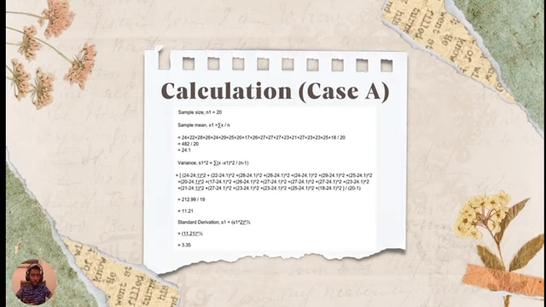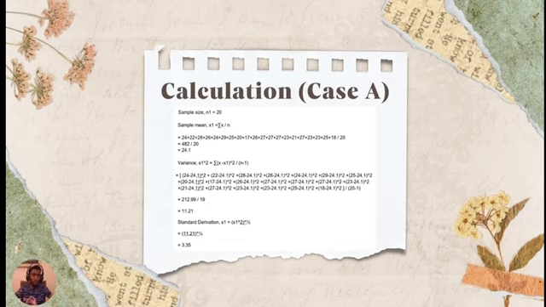Then the final one is the standard deviation. As you all know, standard deviation is the average amount of variability in your dataset. In this case A, our standard deviation is 11.21 to the power of 1 over 2, that is 3.35.